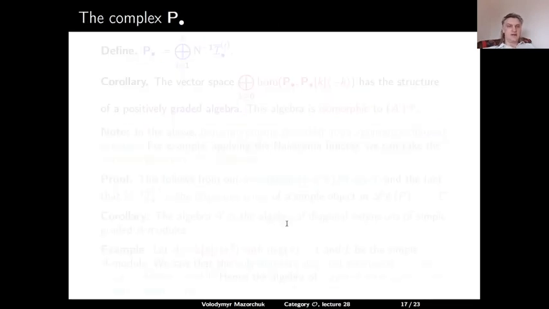So let us now define the complex P dot as the direct sum, i from 1 to n, of the complexes, so this is the inverse of the Nakayama functor, I overlined upper I. So we take the direct sum of projective covers of all simple objects in the category of linear complexes of projective modules.